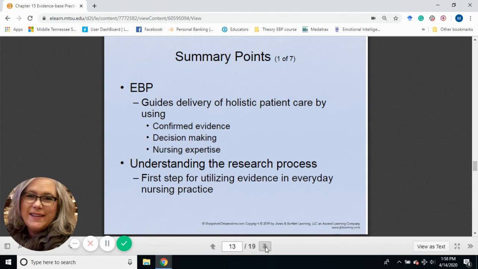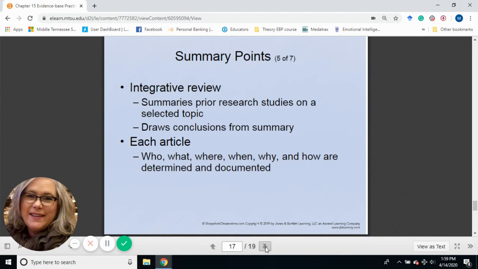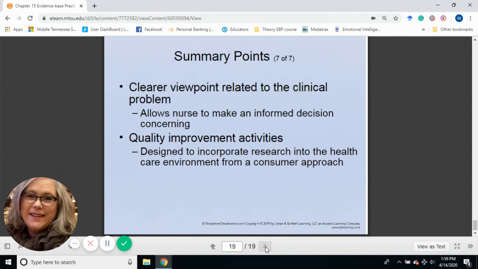I'm just going to flip through the rest of these. You can look at those, read your chapter again in preparation for your exam. And this concludes the talk about evidence-based practice.